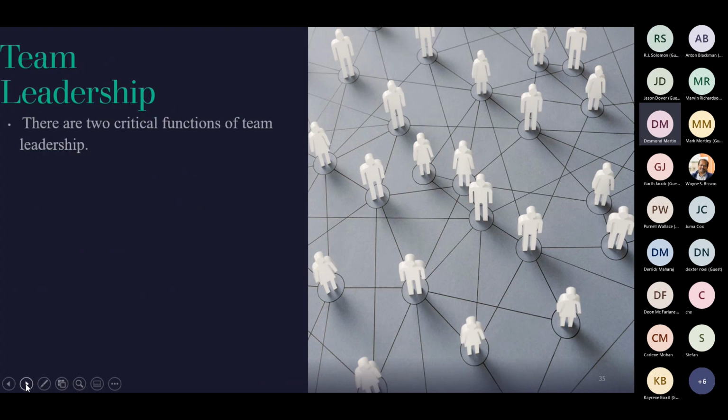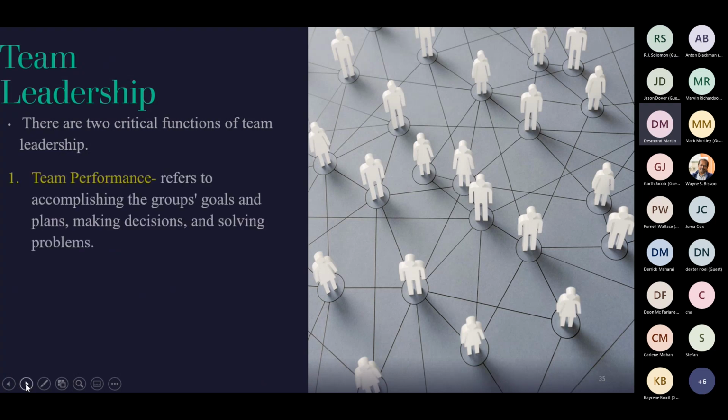Team leadership. There are two critical functions of team leadership. One, team performance, which refers to accomplishing the group's goals and plans, making decisions and solving problems.